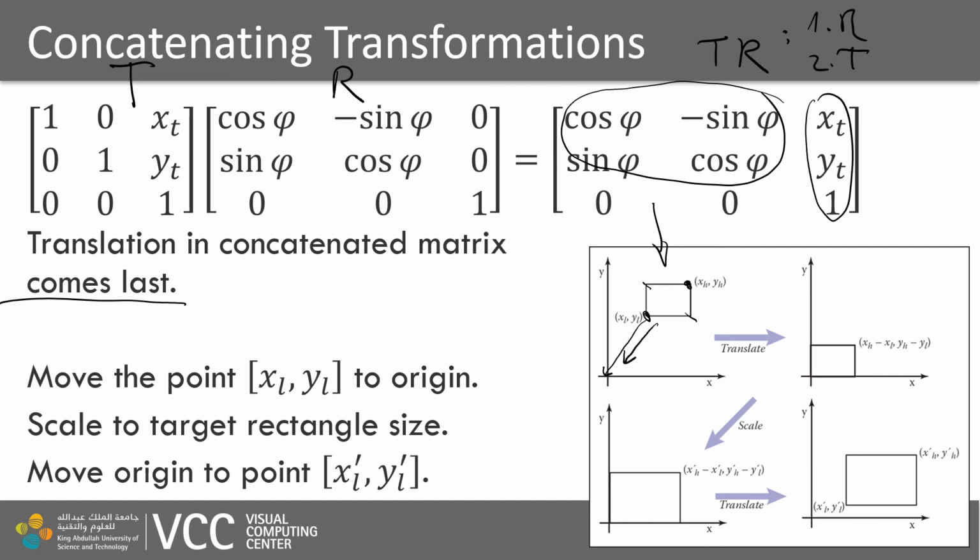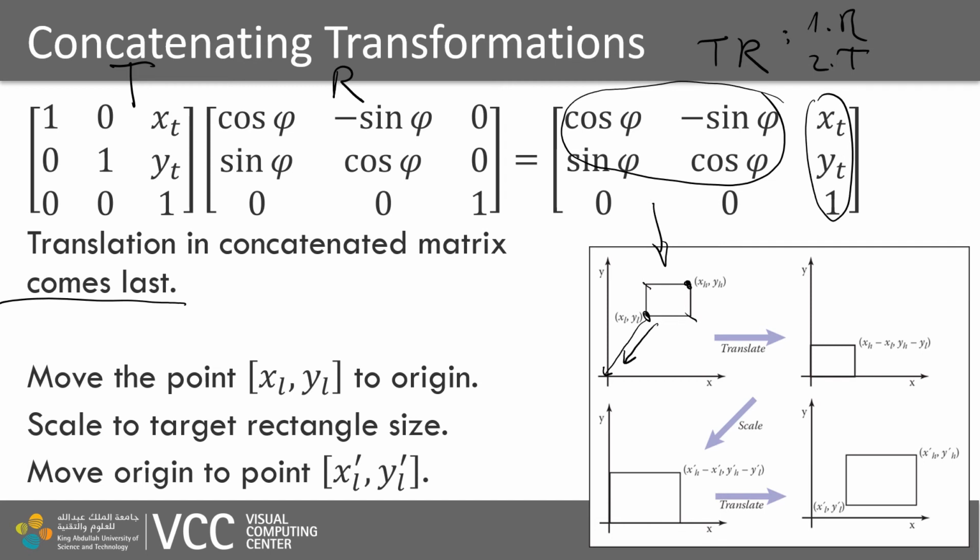However, at this point, we will have only the rectangle after scaling at the coordinate origin, and we might want to move it somewhere else, either to the original location where the XL, YL was, or to another one. So let's do a simple example where we are performing some controlled scaling and we are changing the location of our scaled object, which is the rectangle.